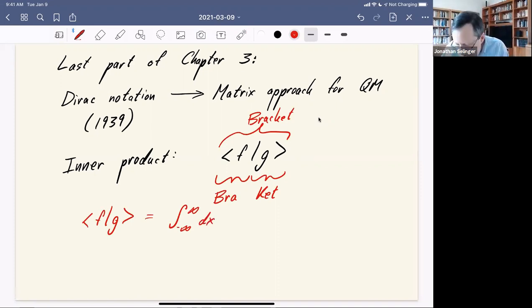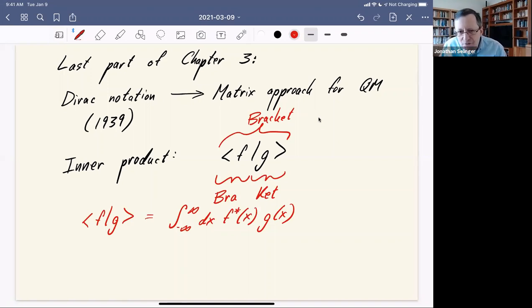It's the integral dx of f star of x, g of x. Okay, so that's the whole bracket, the whole inner product.